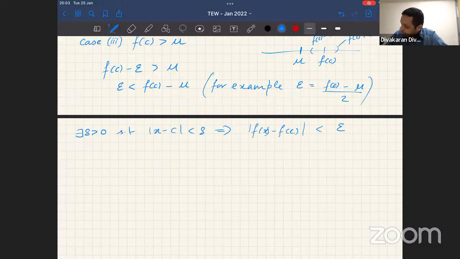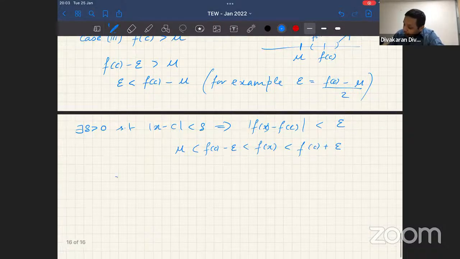In other words, f of x lies between f of c minus epsilon and f of c plus epsilon. Notice that we have assumed that f of c minus epsilon is greater than mu. So we again get that whenever this condition is satisfied, f of x is greater than mu.